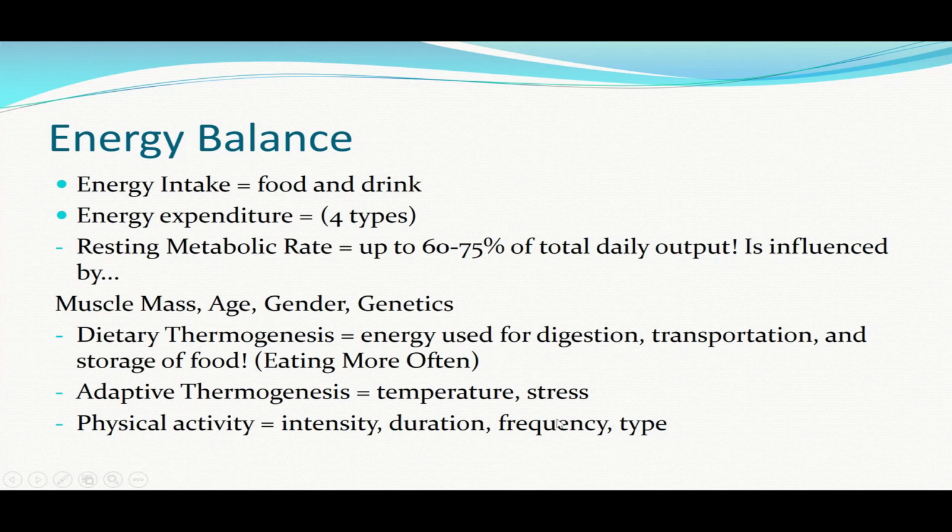Stress, somebody that's in a heightened environment of stress can burn more calories and therefore increase their resting metabolic rate, simply because there's a release of catecholamines or noradrenaline from being in a constantly stressed state.